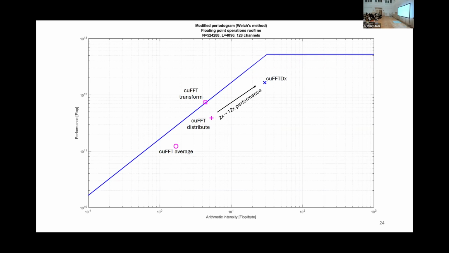So this is a roofline chart. Basically, this is the boundary of the memory bandwidth and the compute bandwidth of a GPU. This axis is the arithmetic intensity, i.e. how many floating point operations we do for a single byte fetched from the memory. And the y-axis is the performance in flops. Now, with the naive implementation, the 3 kernels placed around here are severely memory bandwidth bound.